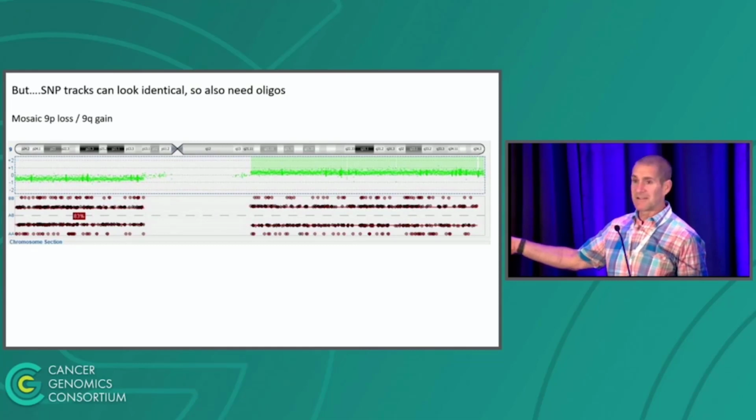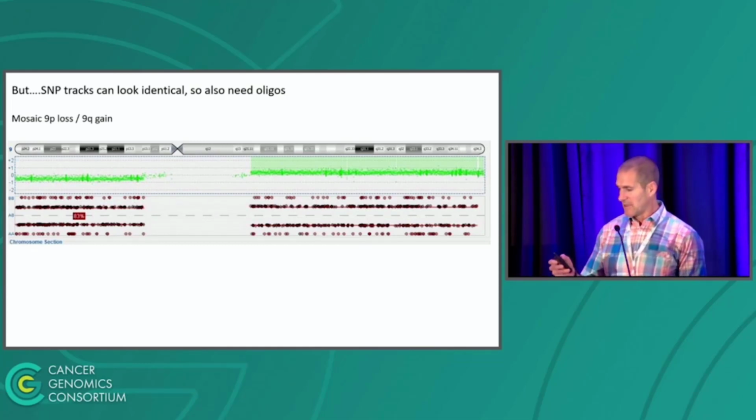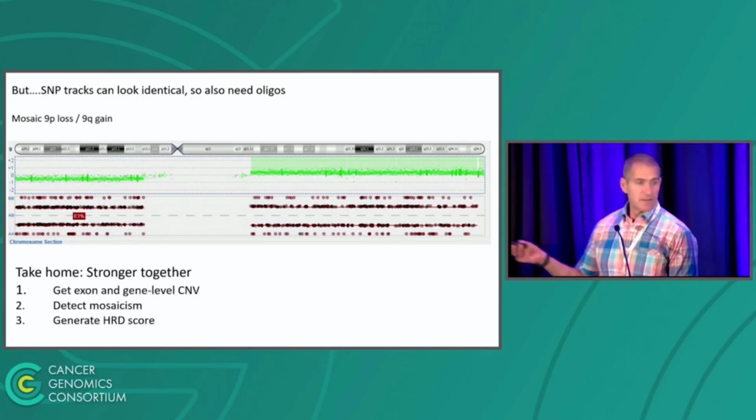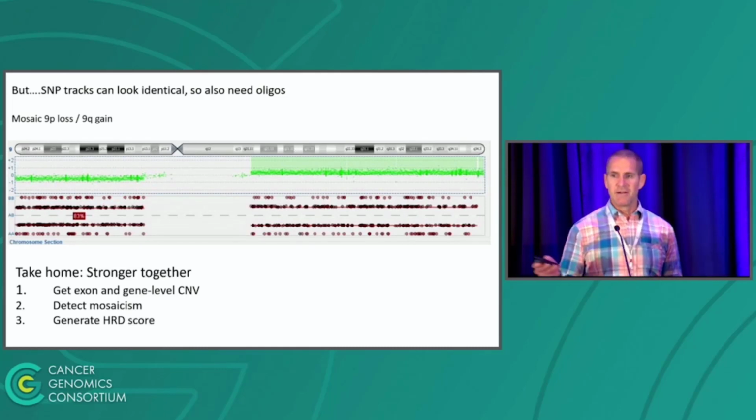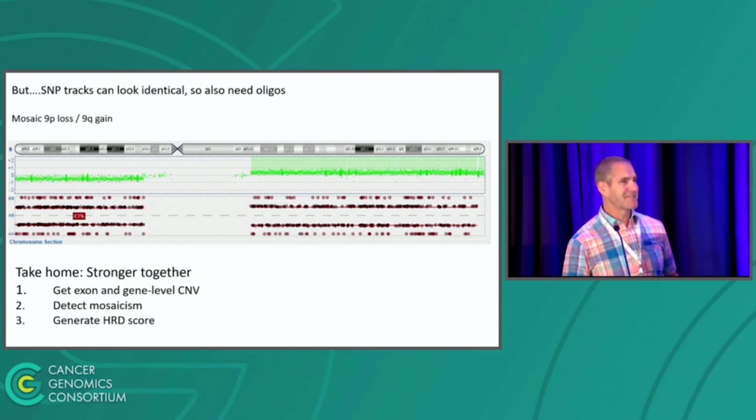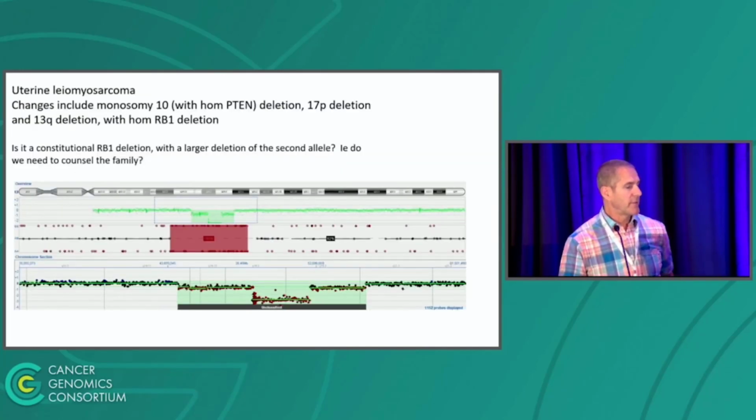So the SNP patterns look identical, even though we have a gain and a loss, but the SNPs are identical. So we're stronger together. Again, maybe this is a take-home for all of us in the room, in our country in general. We're stronger together, but we do need both, and it's important that we're looking at both things. And these things, the copy number and the SNPs together provide an awful lot of really important information.